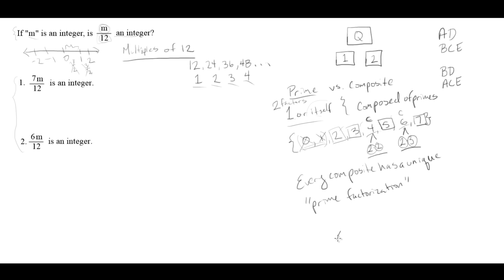So if we were to take the primes 2 times 2 times 3 times 5 times 7 times 5 times 3 times 2, and we were to figure out with a calculator whatever that number multiplies to, we would have a completely unique number. And there's no other way to get that number other than those primes. Now, that might seem like we're splitting hairs, but in fact it can be quite useful.